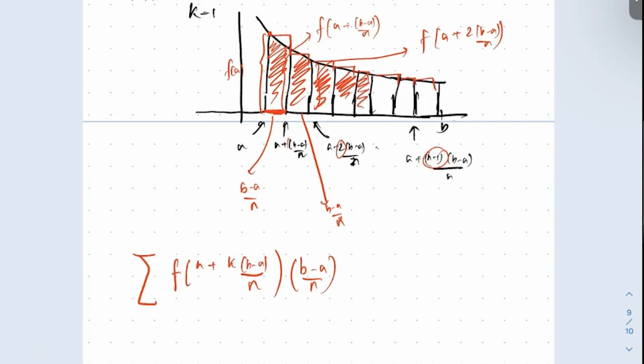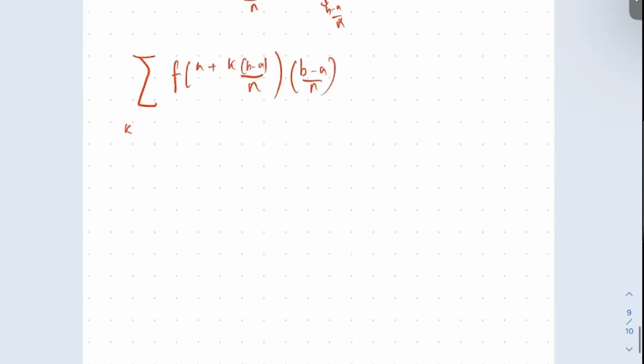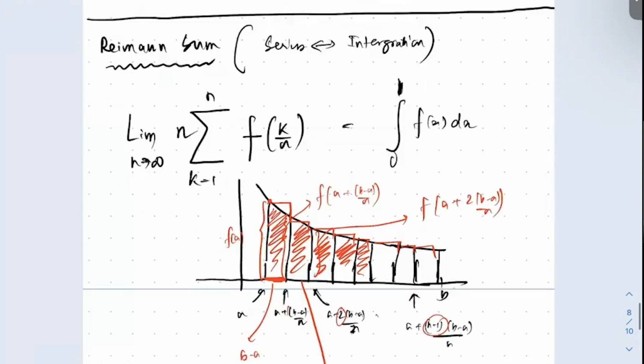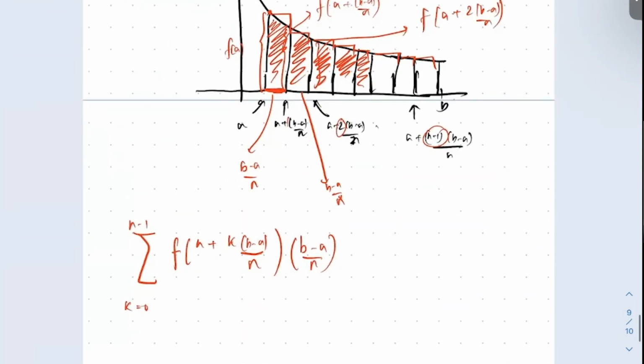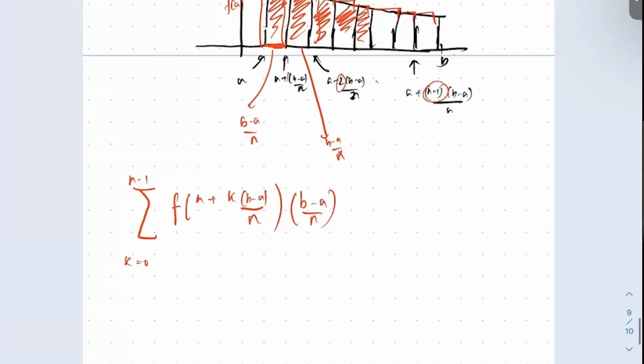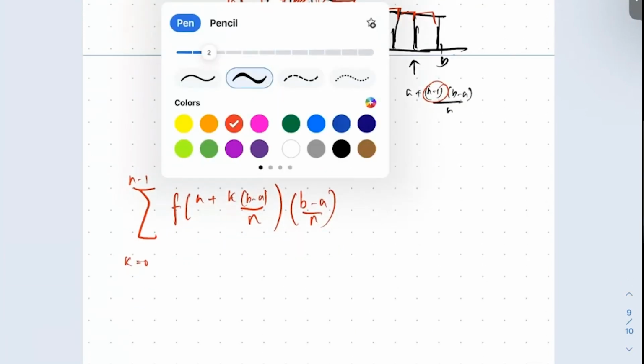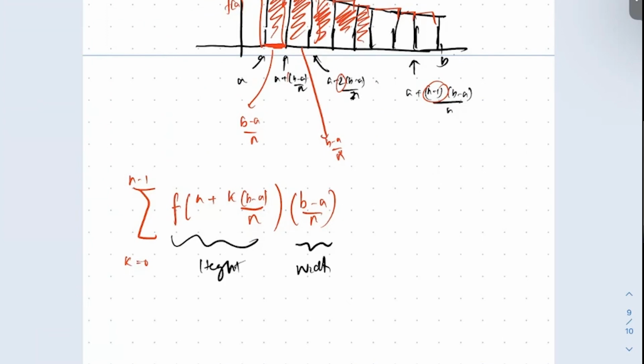And k will go from 0 to n minus 1 or 1 to n, whatever matters. If you take the right hand side height, it will be 1 to n. You can also do it from 0 to n minus 1. So this is the height, this is the width, and it's the sum of it.